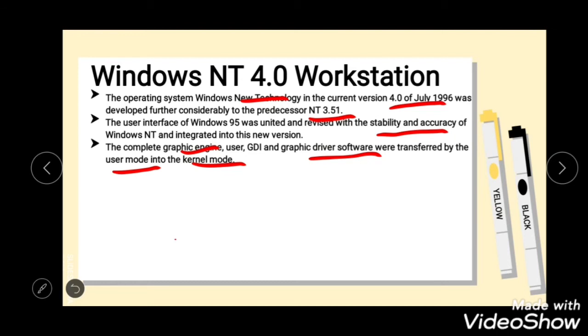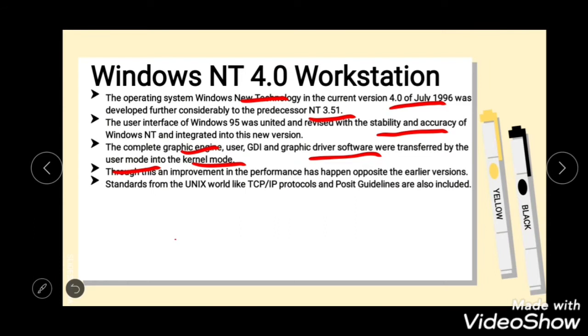So it is a great step for technology purposes because a new platform was set for the Windows operating system. There was an improvement in performance as opposed to the earlier version because it is a new thing, so it stands for the new technology.